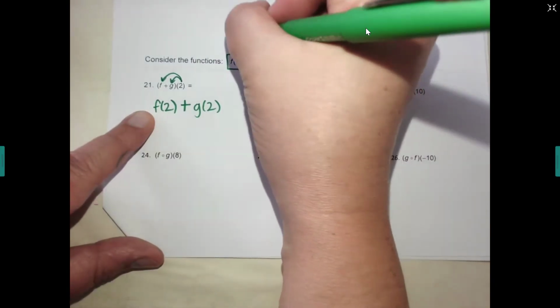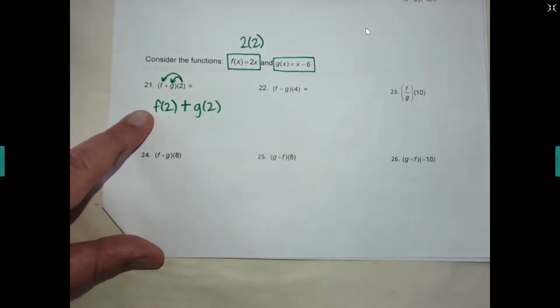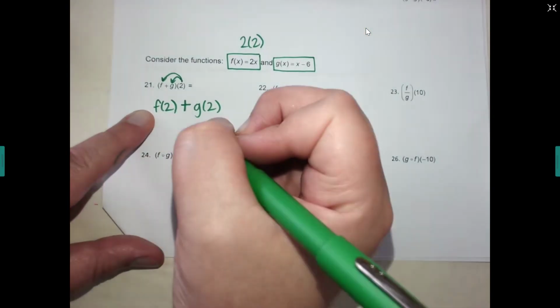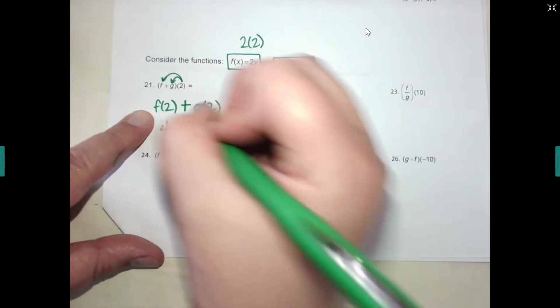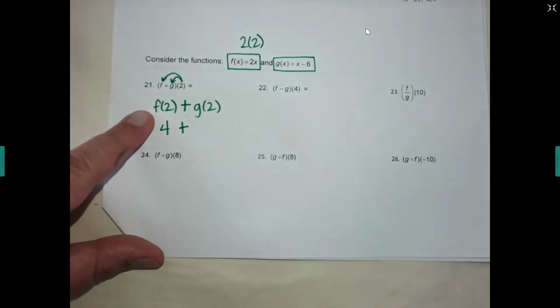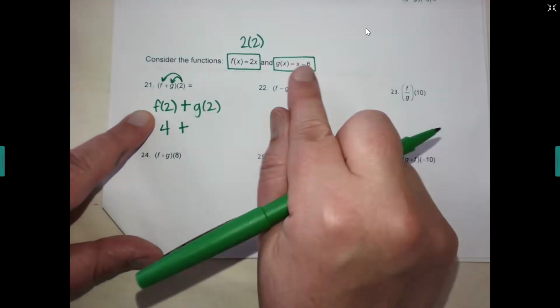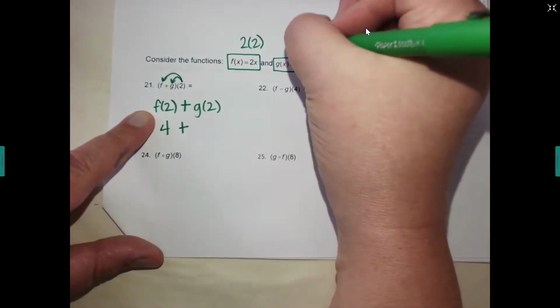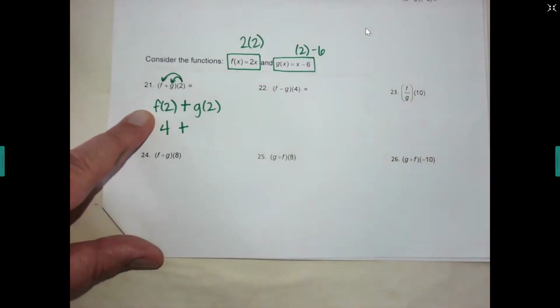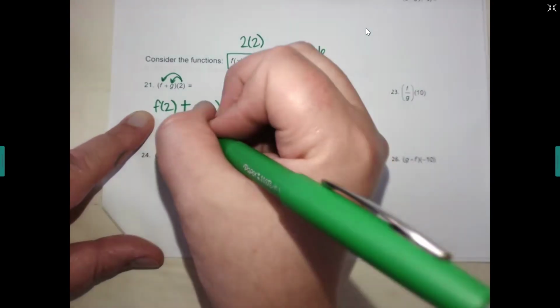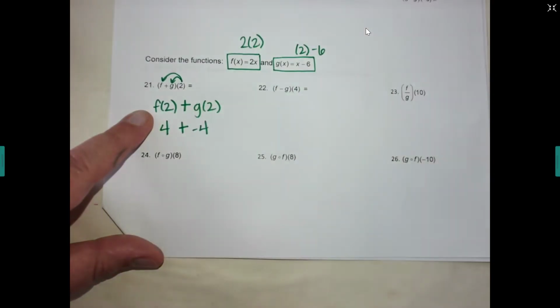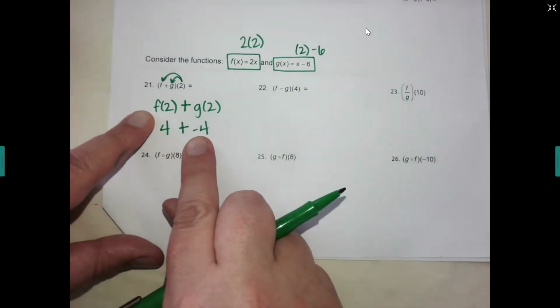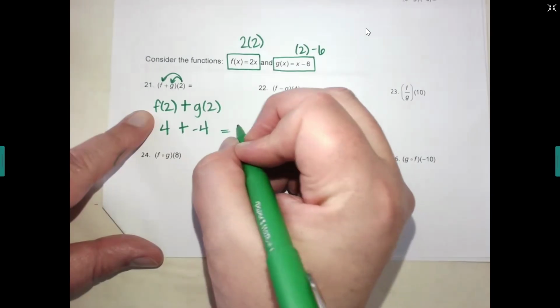Well, then I'm going to do 2 times 2. And what am I going to get for that? 4. Plus. Now I want g. I'm plugging in a 2 here. That'd be 2 minus 6. And what's 2 minus 6? -4. And then I'd have 4 plus -4, which gives me how many? 0. Very good.